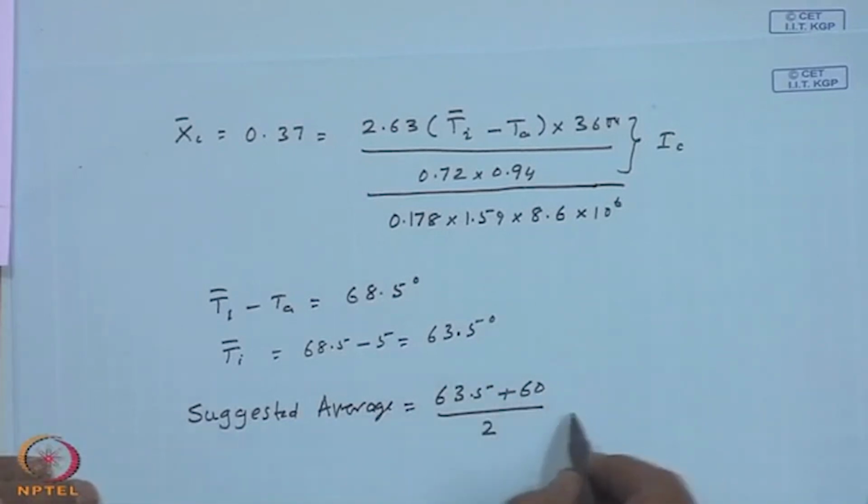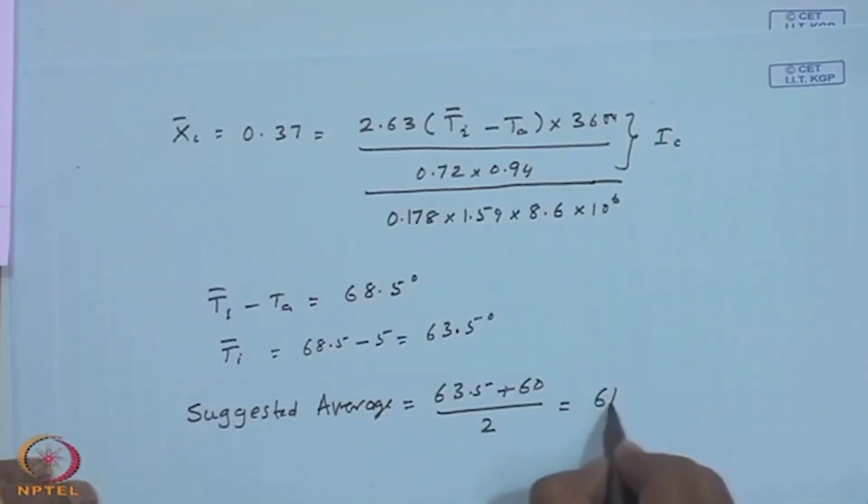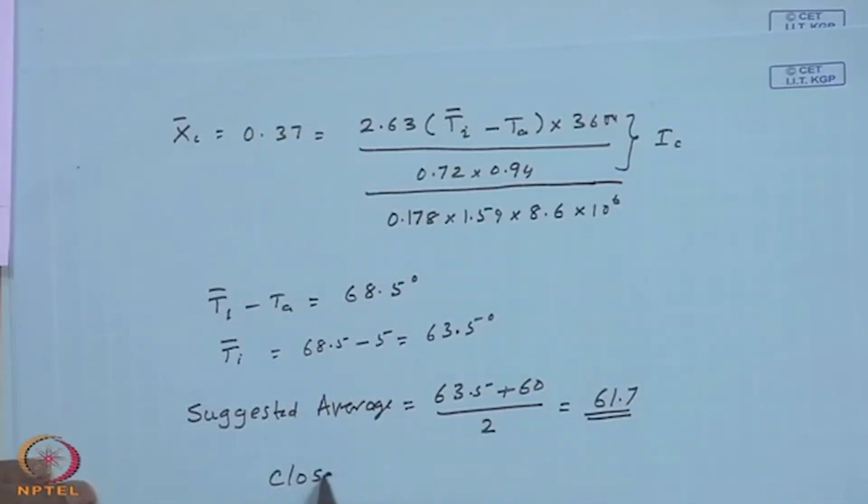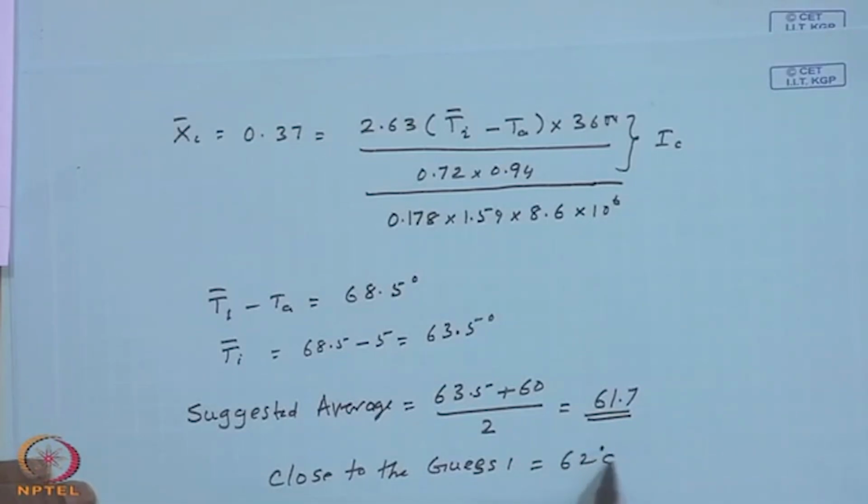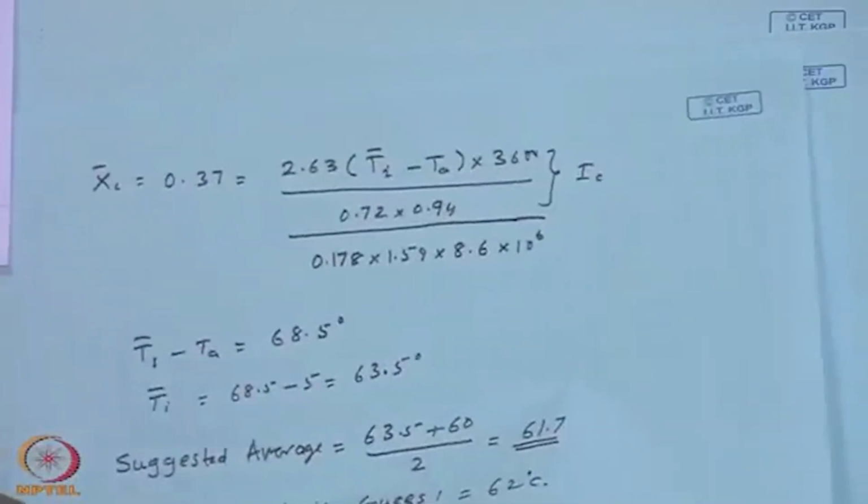This is a possible value, which comes to 61.7, close to the guess, equal to 62. If you are not satisfied, you could start with 61.7 and after the calculation, you may come out with 61.8. Okay.